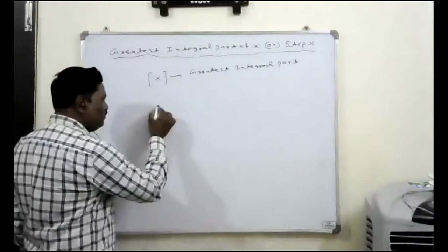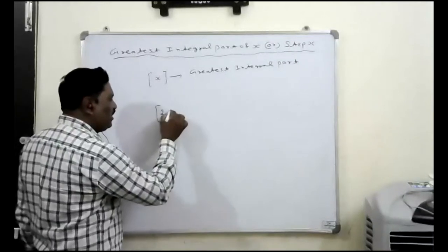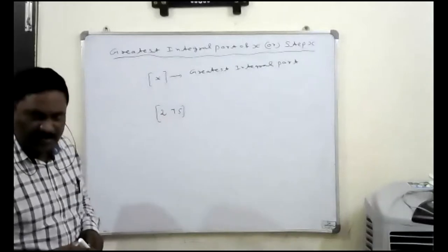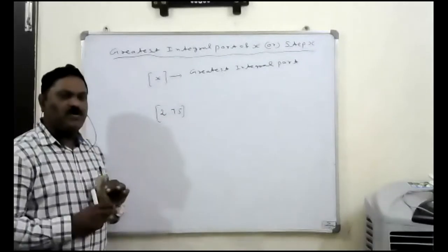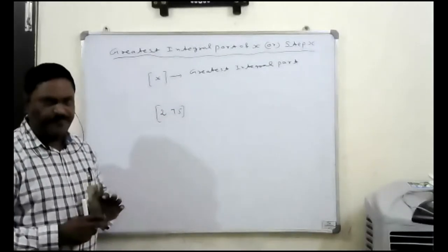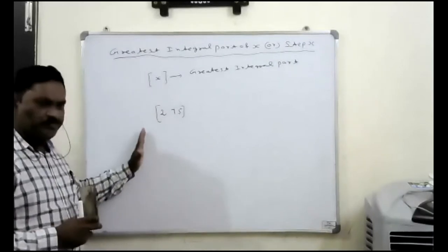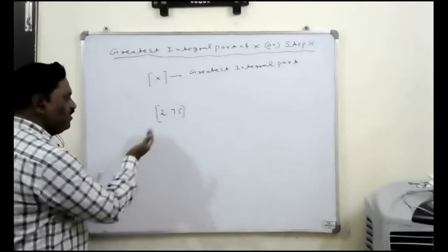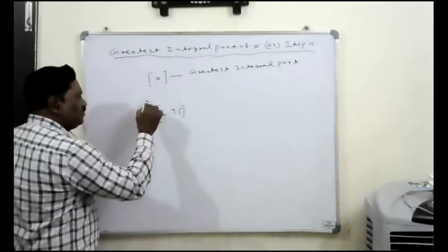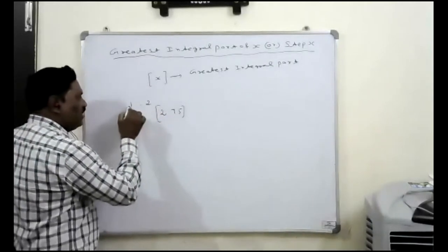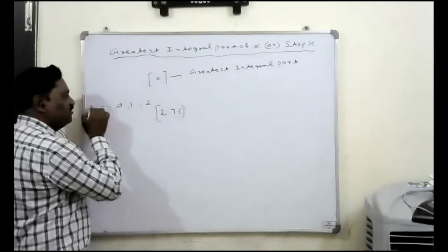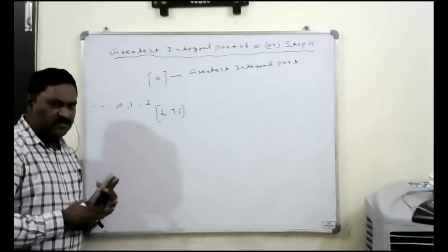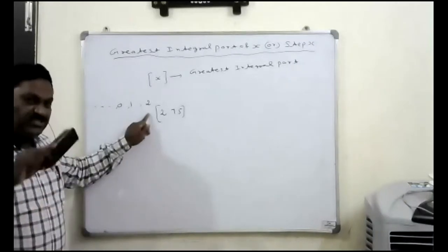Suppose, for example, I want to find the greatest integral part of 2.75. Before this value, what are the integers? Before this value there are 2, 1, 0, etc. These are the integers before this number, right? Out of these, what is the greatest integer?